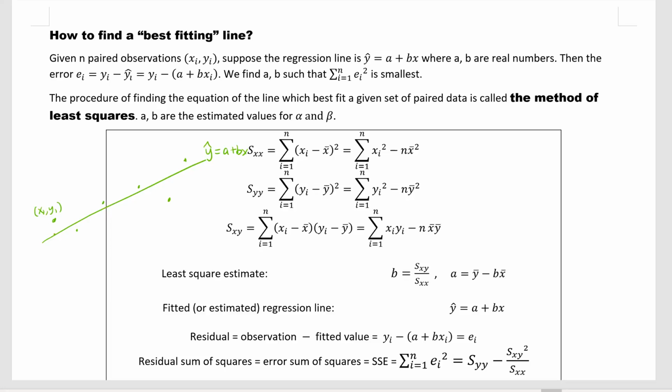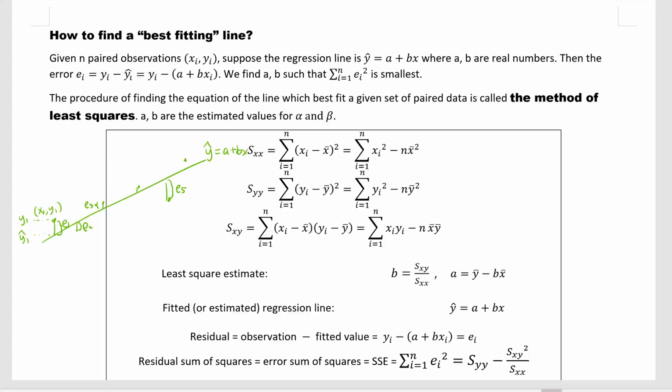You can see this height is actually y1 hat. This is y1 hat, and this is y1. You can see the difference between them is the error E1. And then this is E2, this is E3, this is E4, and this is E5. So those are the error terms, okay?